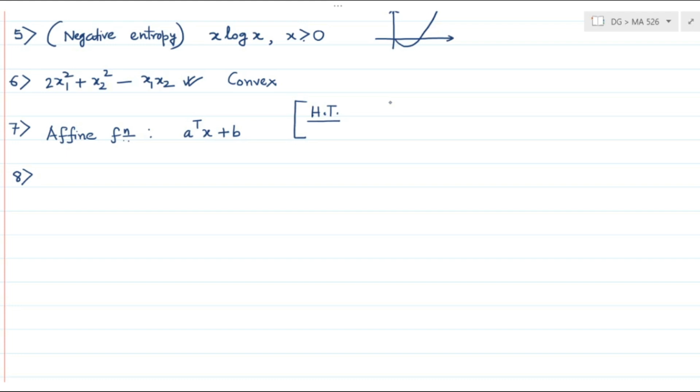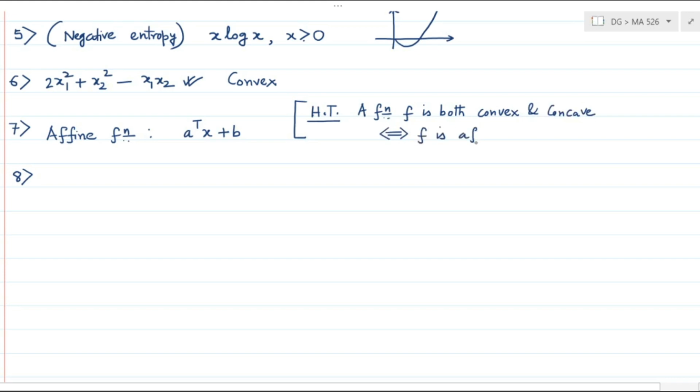Anyway, so let me give you a home task here: a function f is both convex and concave if and only if f is affine. Can you prove it?